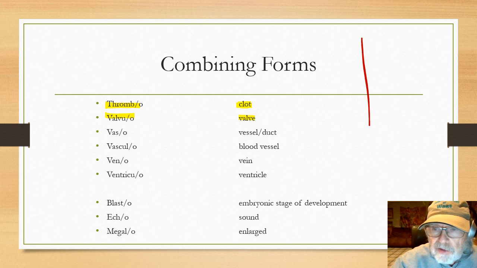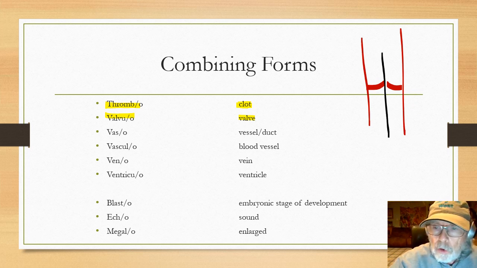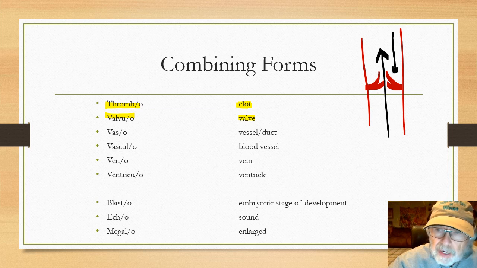What happens if I have a vessel right here, and let's say I have a valve right here that sits like this? If the blood flow is coming up this way, the valve opens to let the blood flow go up. When the blood starts to come back down by gravity, it causes that valve to shut.